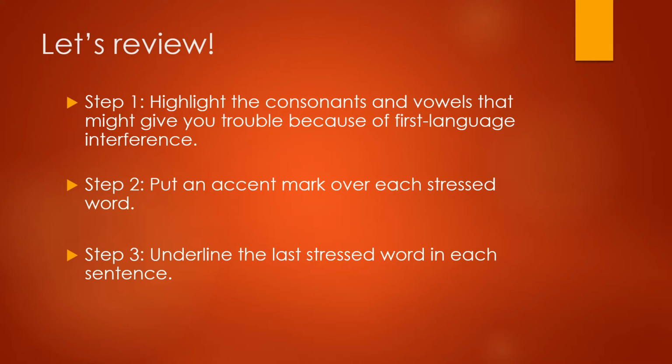Before we look at steps 10 through 12, let's quickly review the first 9 steps. Step 1, highlight the consonants and vowels that might give you trouble because of first language interference. Step 2, put an accent mark over each stressed word. Step 3, underline the last stressed word in each sentence.